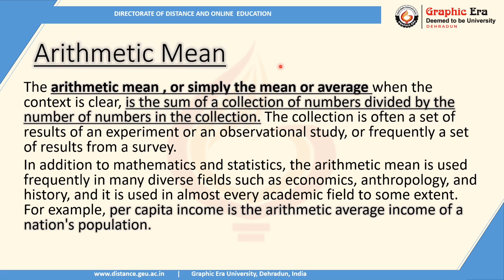Means arithmetic mean is defined by dividing the sum of a collection of numbers by the total number of collections. The collection is often a set of results of an experiment or an observational study, or frequently a set of results from a survey.